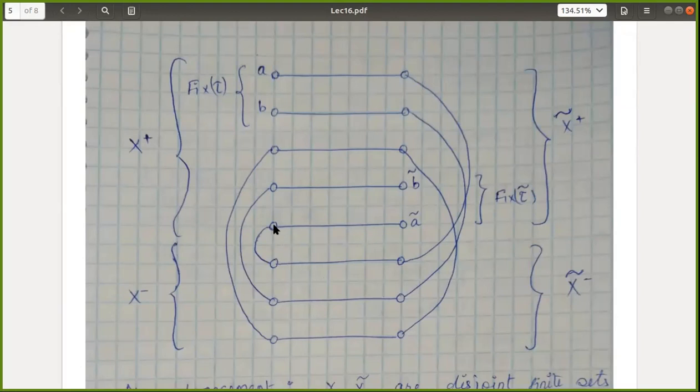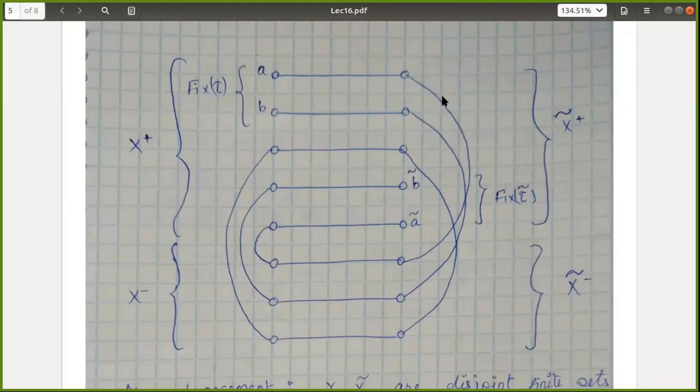For this involution, it sends this element of x plus to this element of x minus. This element goes to this one. A goes to itself, therefore there is no edge. B goes to itself, therefore there is no edge, which you see here, which means A and B are fixed points of the involution on x, which is tau.